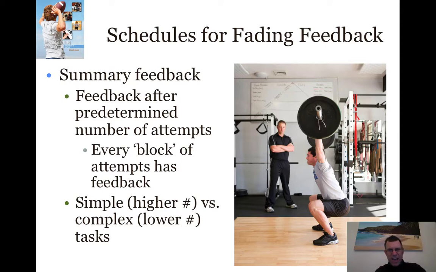If it's a simple task, like this guy doing an overhead squat, I don't know how complex that task necessarily is. Maybe every 10 attempts, or maybe, if more complex, every 5. The general idea is that the more complex a task is, the more often you provide feedback, and the simpler it is, the less often.